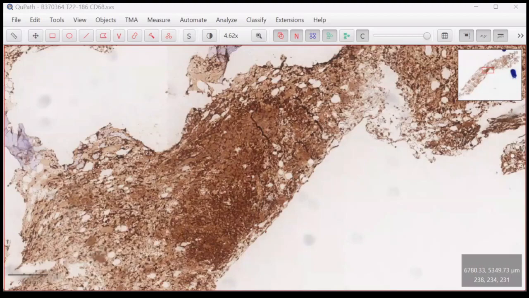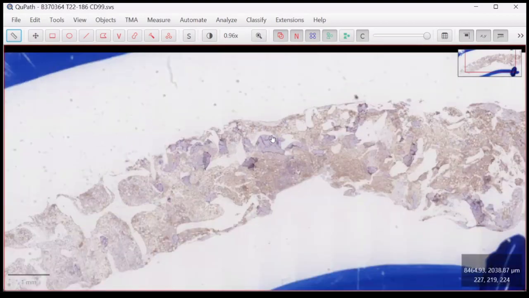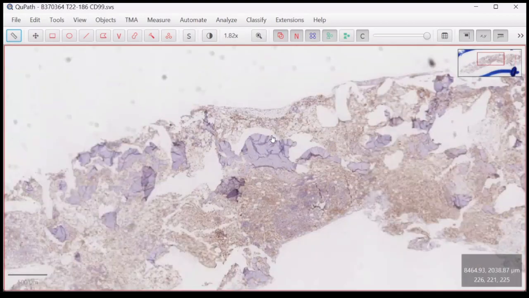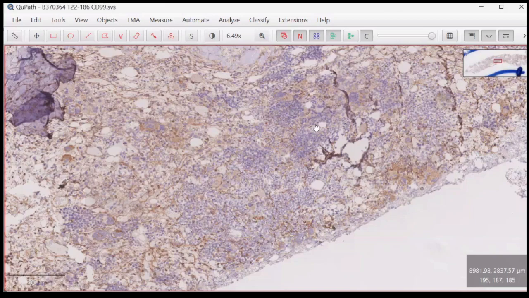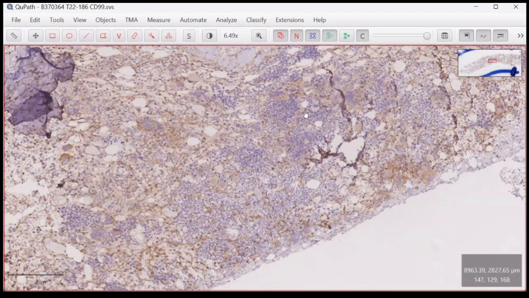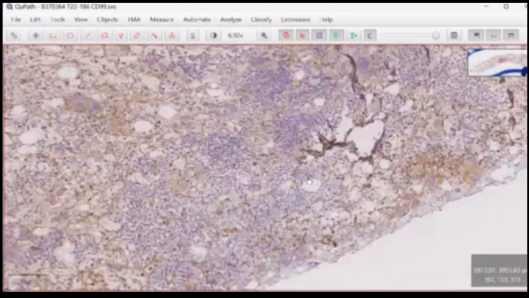Okay, this is CD99. This is the area with CD68 positivity just now. And on the diagnostic mirror, we saw CD99 equally expressed, as numerous as CD68.